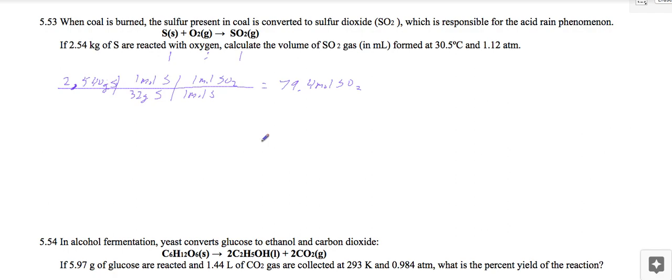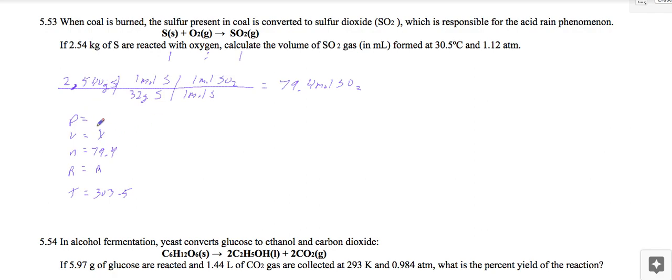And now I can use PV = nRT. Moles, 79.4. R. Temperature is going to be 303.5. Volume is what we're looking for.